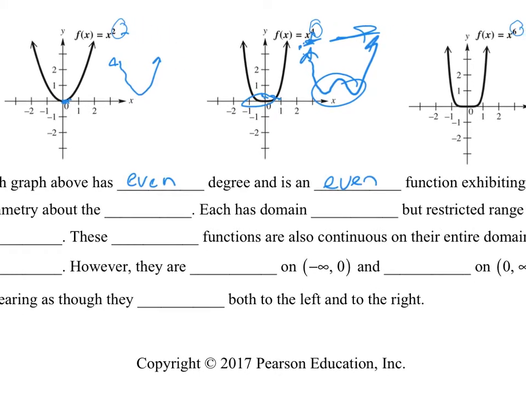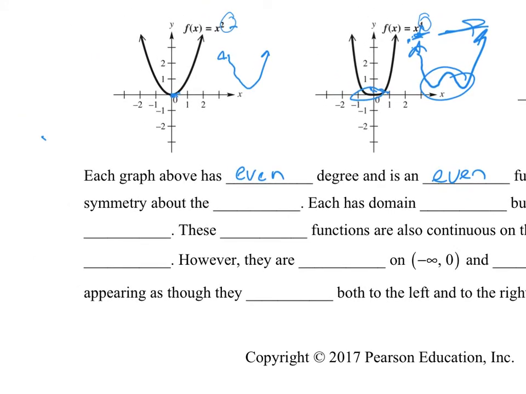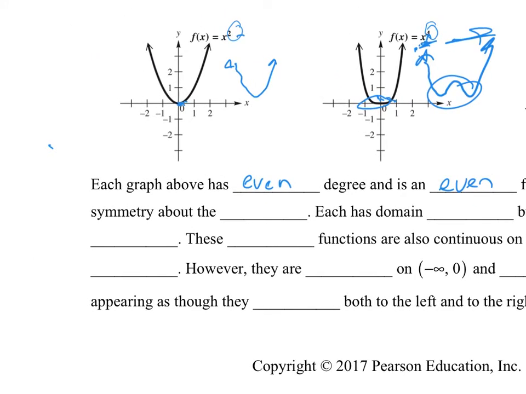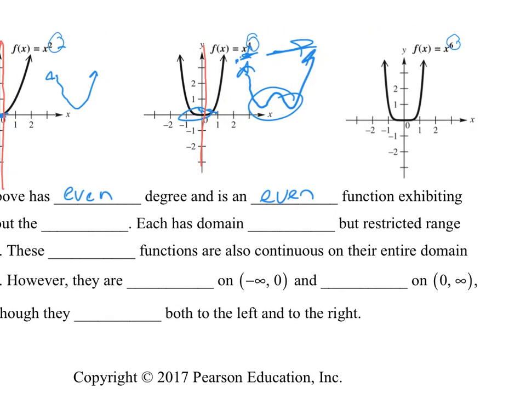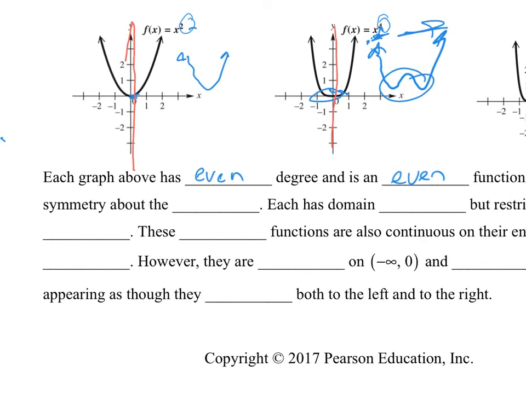And we learned in another lesson that it exhibits symmetry about the, where's my symmetry right now? Where can I cut it in half? Anybody? The, yeah, the x equals 0.